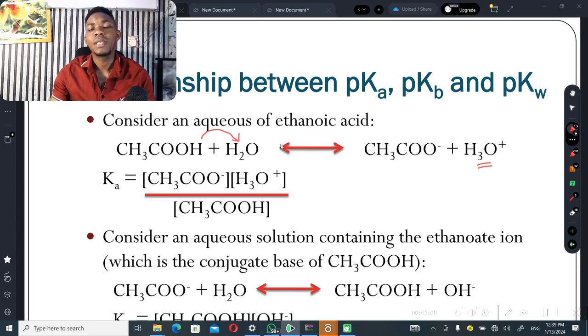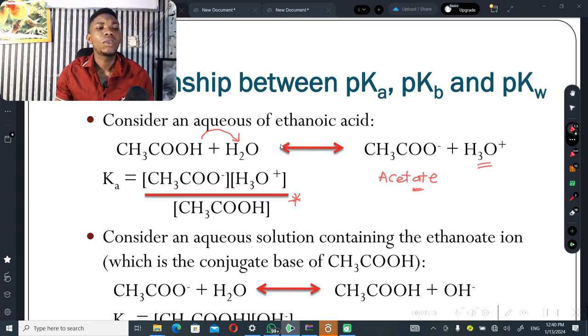And then you are going to have the acetate ion here. All right. Now, if you write the equilibrium constant expression for the acid dissociation constant, Ka, you agree with me that Ka would be equal to the concentration of the products all over the concentration of the reactant following the law of mass action.